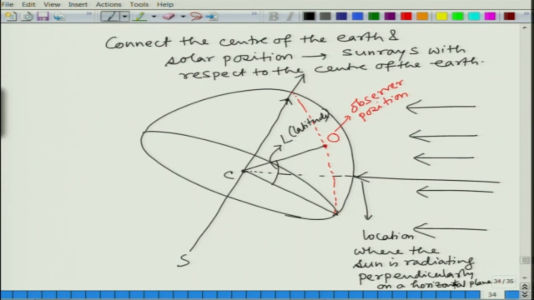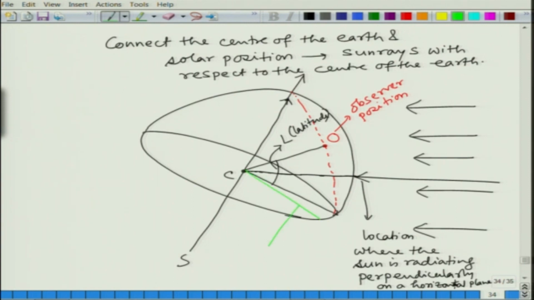Now, you can also drop a projection. So this is the direction of the ray that is coming directly from the sun. Now you can also drop a projection of this line on the horizontal plane. Let us say that this is the projection.